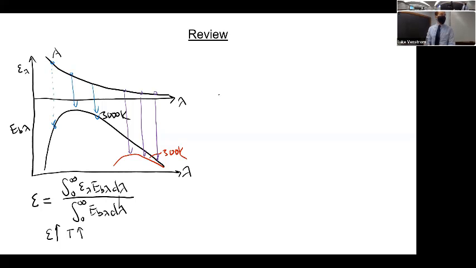But the other approach is to try to get more quantitative and just think in terms of our weighting function. And we said in a band approximation, you could break this up into whatever the spectral emissivity is for the first band times the fractional emissive power for the first band, plus whatever the spectral emissivity is for the second band times the fractional emissive power for the second band.